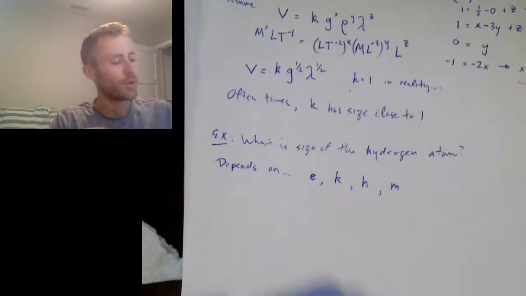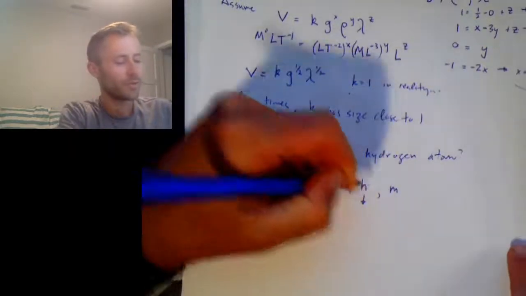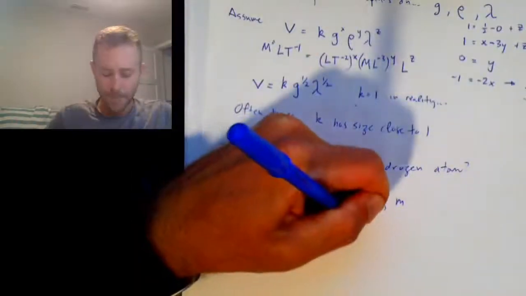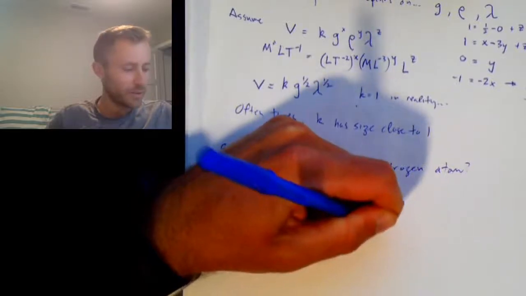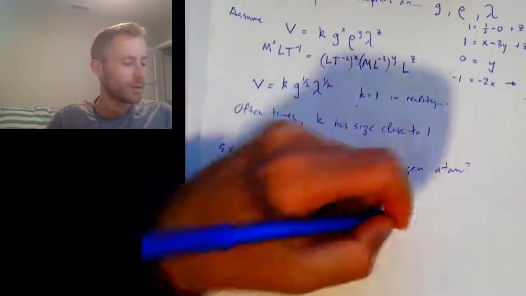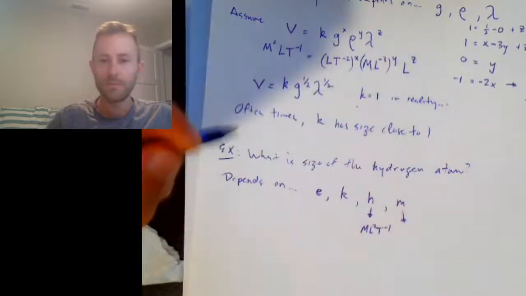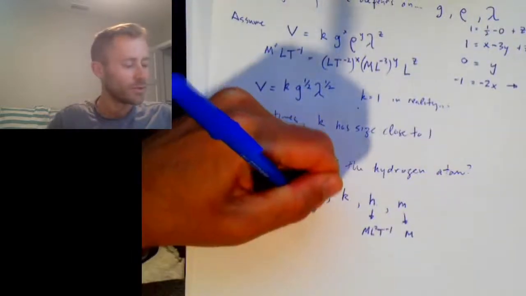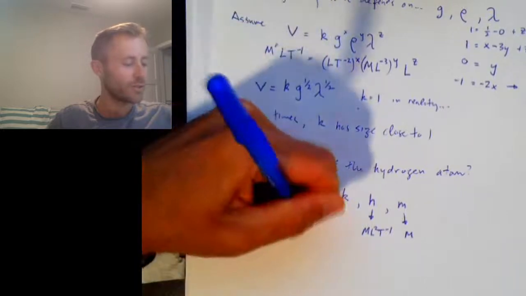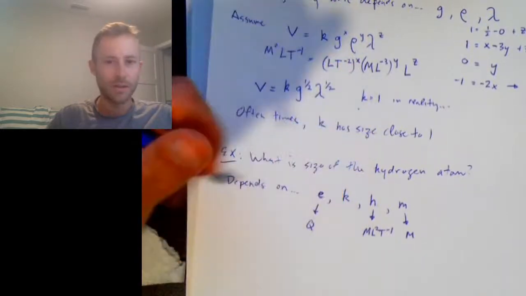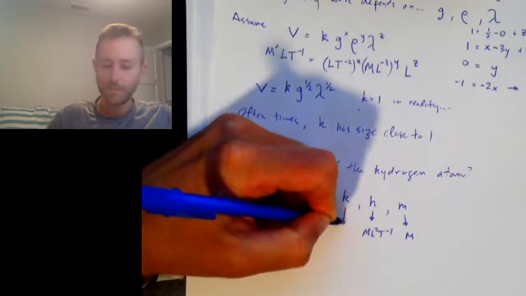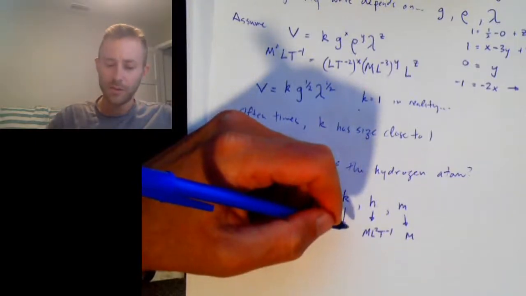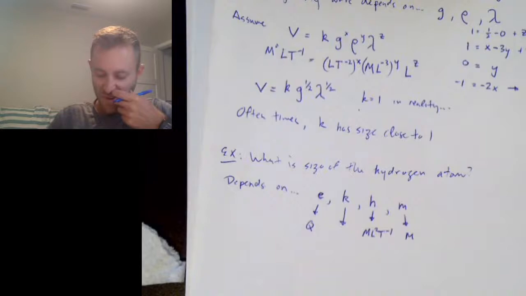Okay, we already talked about how the fundamental units of h are m L squared T to the minus 1. The fundamental units of the mass of the electron are m, because it's a mass. The fundamental units of the electron charge are Q. And then the fundamental units of k, you can work it out yourself.